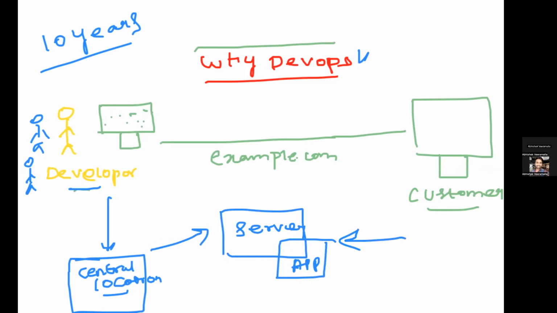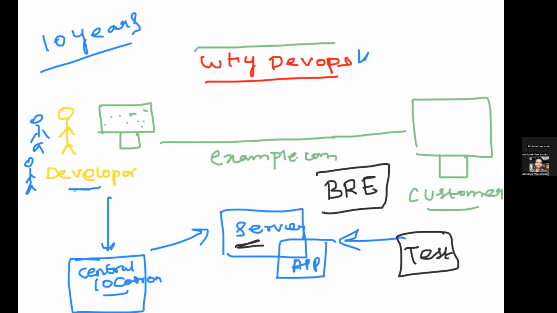Who is this guy? There is a guy called a tester. The tester would test this application on the server that is created by a system administrator. Then there is one more position called a build and release engineer. Now we are talking about different terms. Don't worry, I'll explain each and every term in a very simplified manner so that you will not be out of sync. The system administrator has created a server.